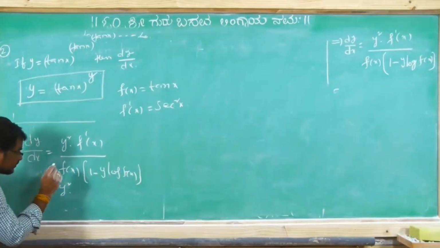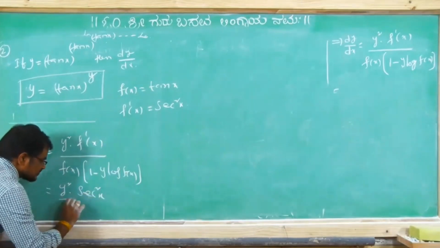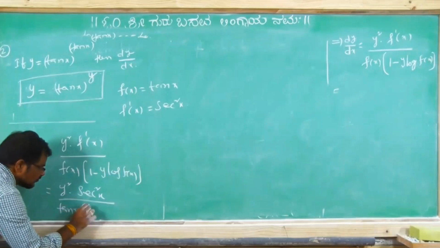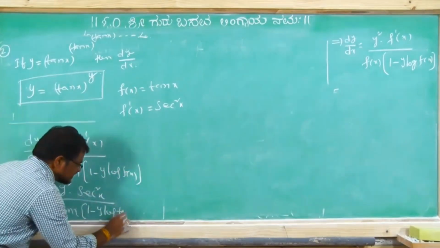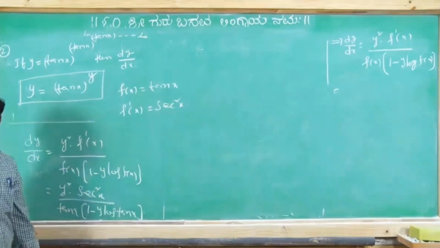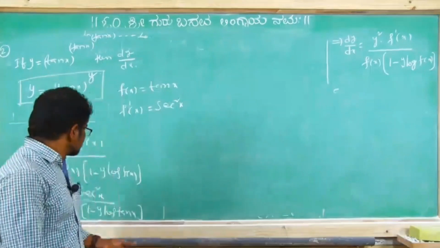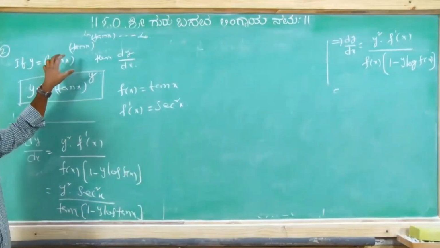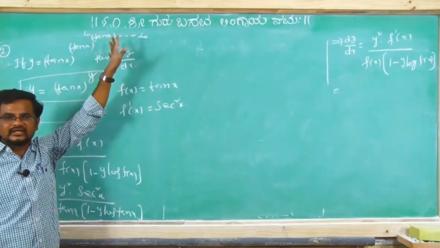Y square into f dash x is secant square x, whole divided by tan x into 1 minus y into log of f of x, that is tan x. Now observe this one. What is given? dy by y equal to tan x power tan x up to infinity.